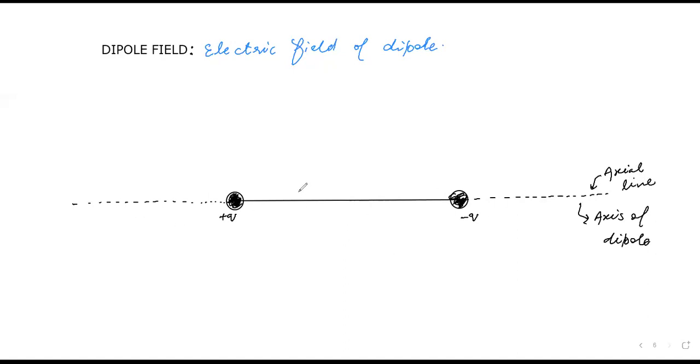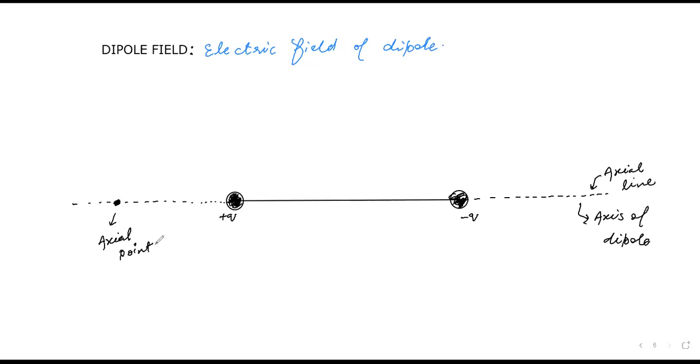If you are taking any point on this line anywhere, either in this region or in this region, it does not matter where you take it, but the condition is that you take it on the axial line. Then that point is said to be the axial point.